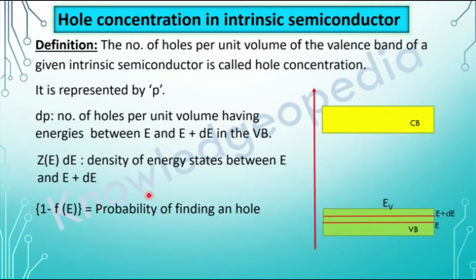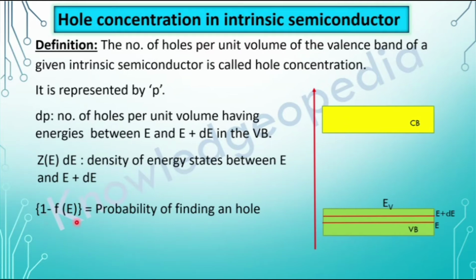In the last class, we saw that the probability of finding an electron is given by the Fermi-Dirac distribution function, that is f(E). And we all know that holes are nothing but the absence of electrons. If holes are the absence of electrons, then to find the probability of a hole, we should subtract the probability of finding an electron from 1.